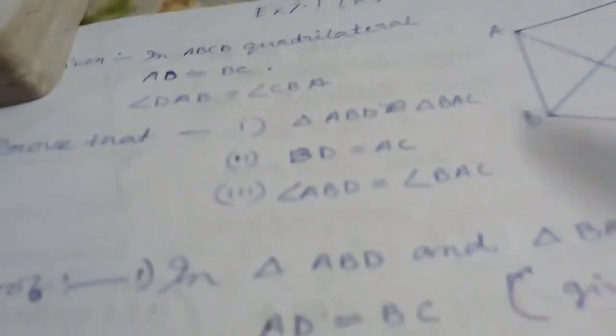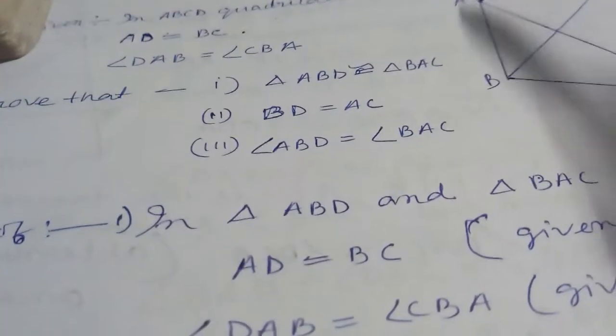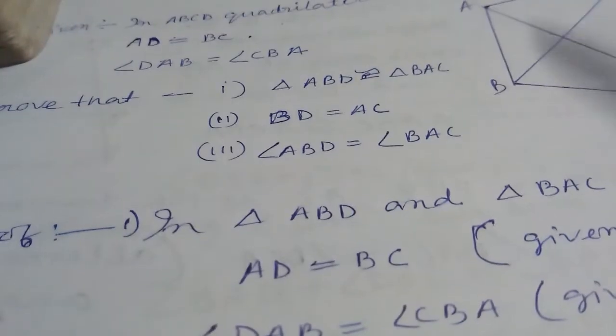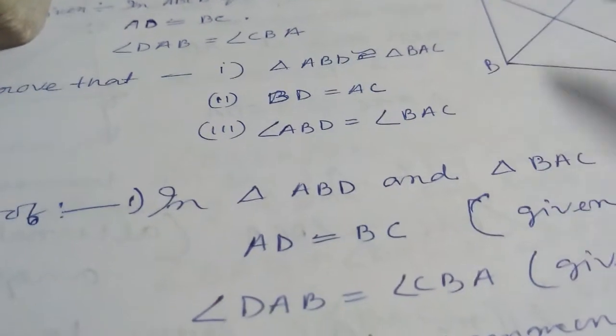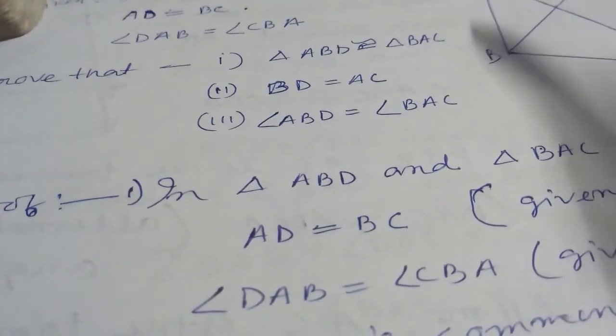In this question, given that ABCD is a quadrilateral, and given that AD is equal to BC and angle DAB is equal to angle CBA.